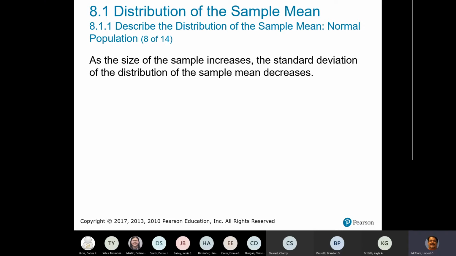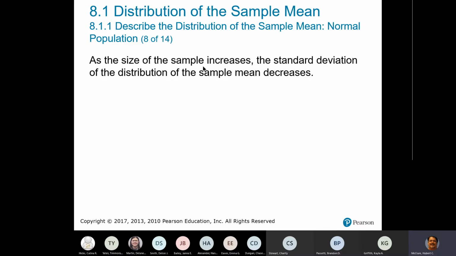The more people you actually survey, or the more people you actually include in your research, the better the accuracy, which means the standard deviation will not get bigger, it will get smaller. And what does standard deviation mean? That means the spread. So if your spread gets smaller, that's a good thing.